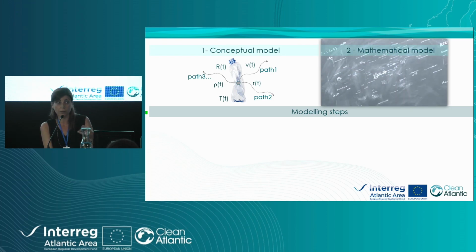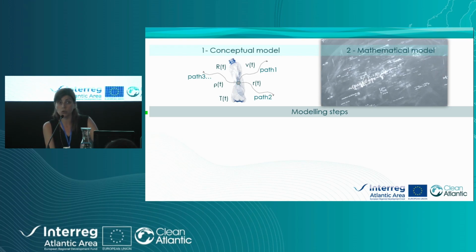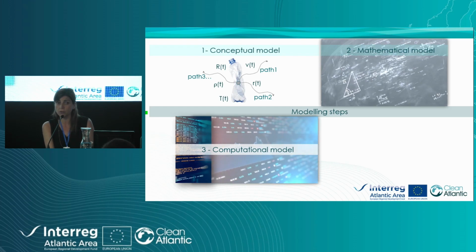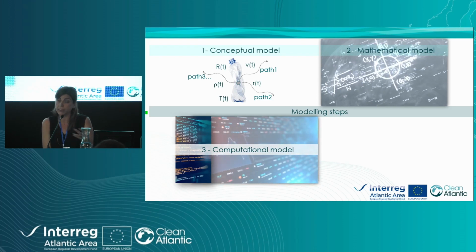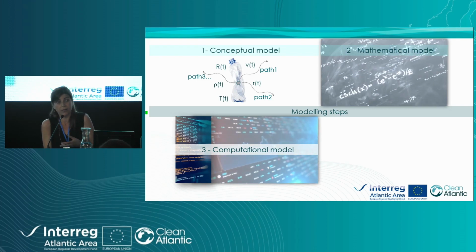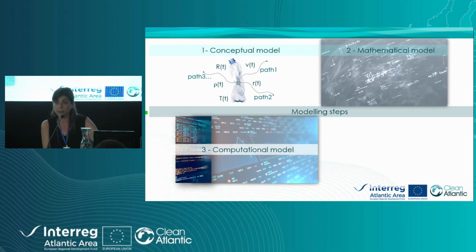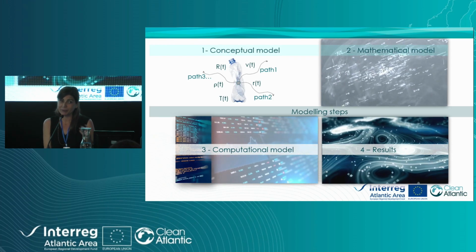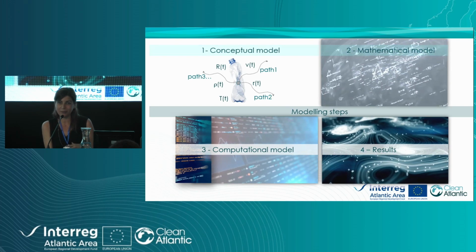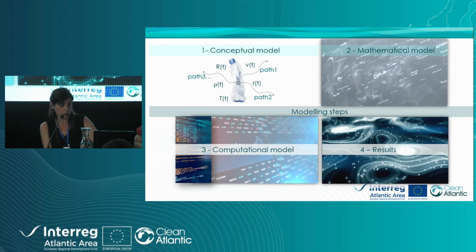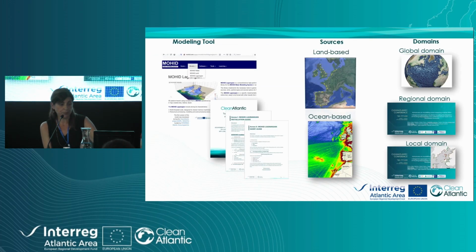Then we take all these variables and correlate them through mathematical equations, and we get the mathematical model. We translate them into a language that the computer can understand, and we let the computer do the math, and then we analyze the results to really analyze the performance of the models.